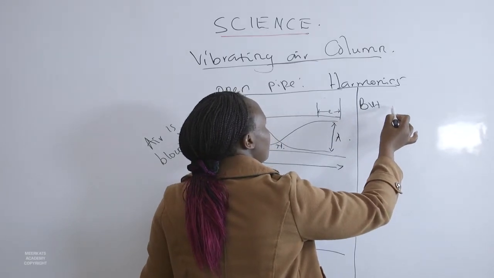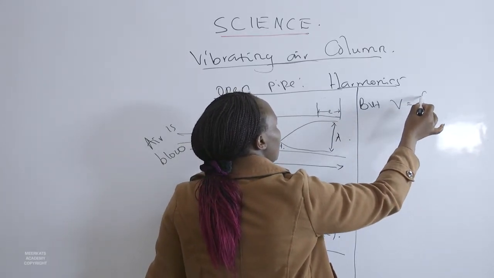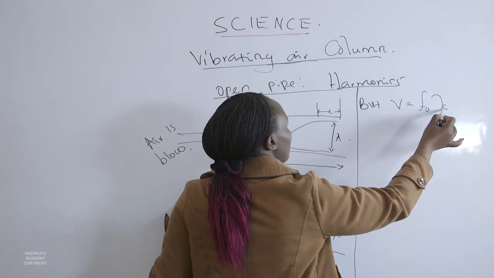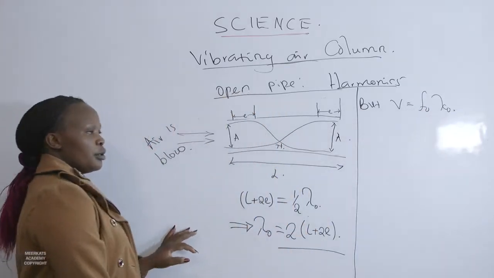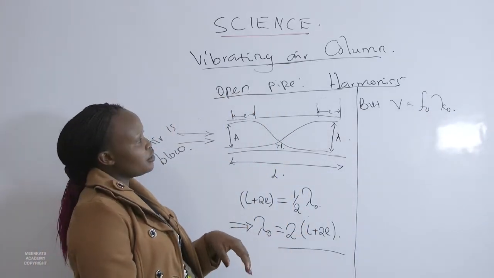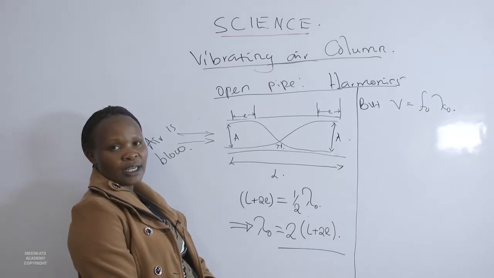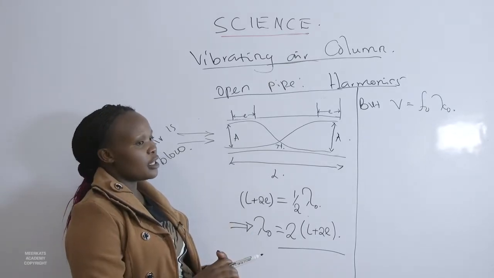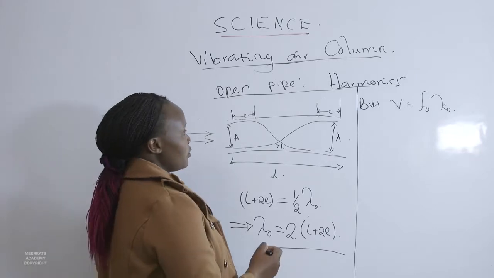But now back to our relationship, where the fundamental frequency is going to be multiplied by wavelength so that we can get the speed of our wave.